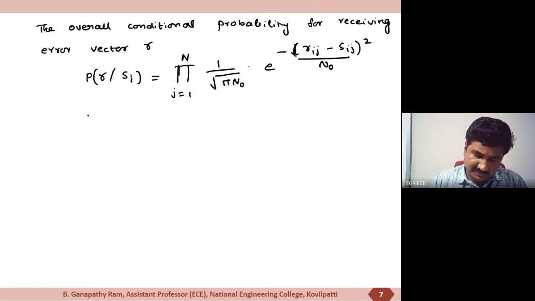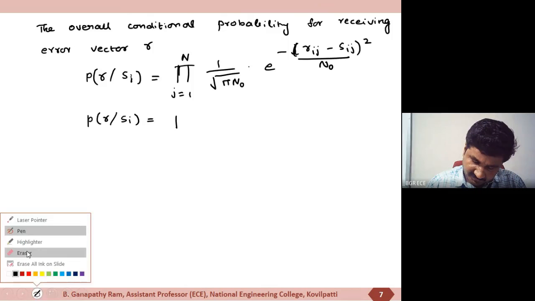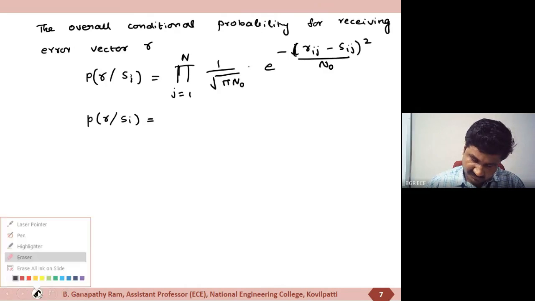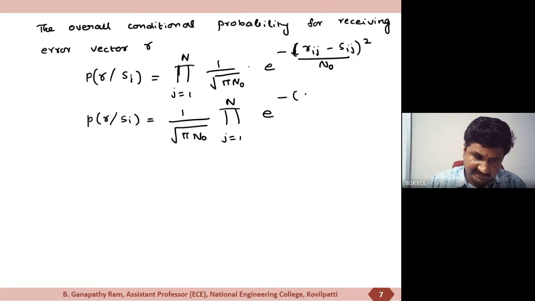This can be represented as 1 divided by square root of pi N naught, product of j equal to 1 to n, e to the power of minus Rij minus Sij the whole square divided by N naught.